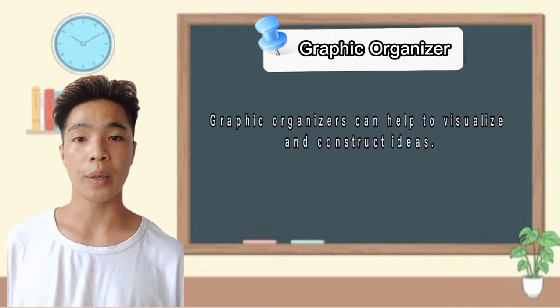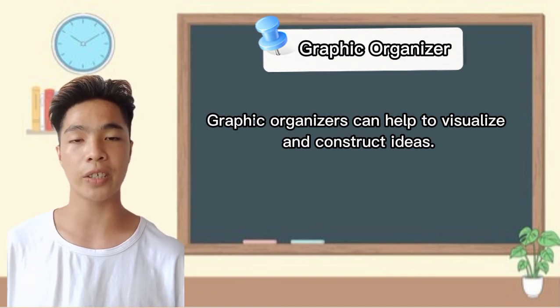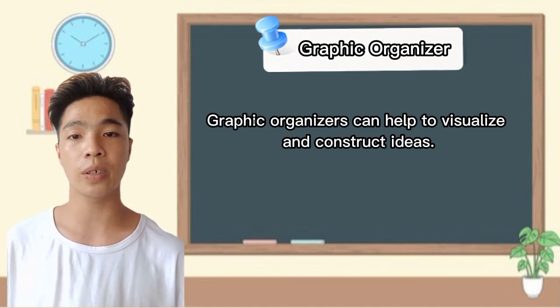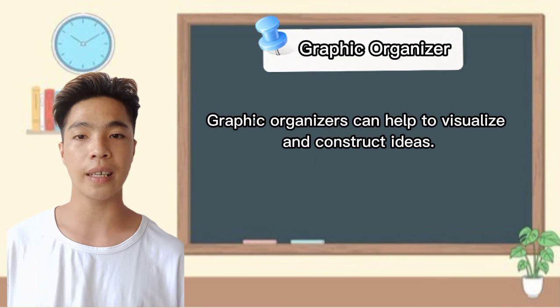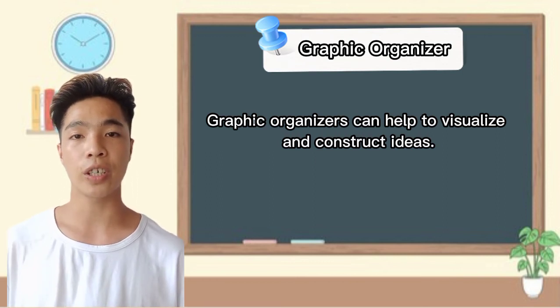So, the graphic organizer can help to visualize and construct ideas and organize the sequence of information. The ability to color code thoughts in a feature can help significantly in understanding and remembering the information.